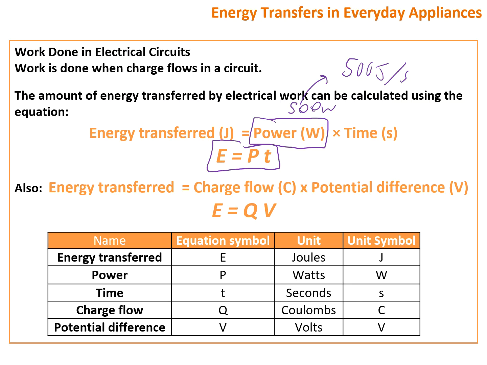So to work out the energy, here we have the watts, which is how much is used per second, and you times it by the number of seconds, and then you know how much energy is being used overall. The units, if you're not sure of, are in the table there as well.